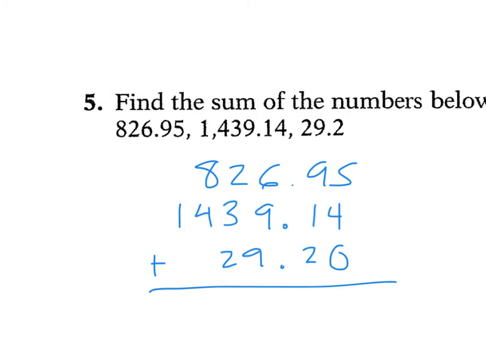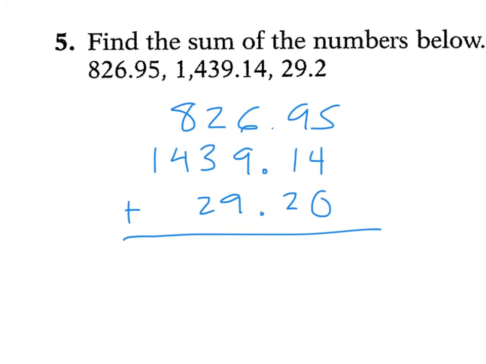So starting with our column all the way to the right, 5 plus 4 plus 0 is 9. Next we have 9 plus 1 plus 2, which is 12. And we need to bring our decimal in line there. So now we have 6 plus 9 plus 9 plus 1, which would be 25.